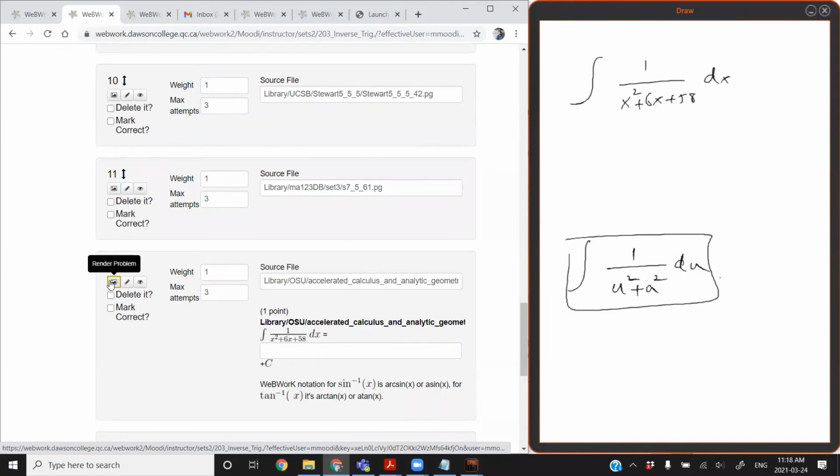Now, you have to bring this to this form. So you can write that as 1 over x squared plus 6x plus 9 plus, what is 58 minus 9? 49. dx. So this becomes the integral of 1 over x plus 3 squared plus 7 squared dx.